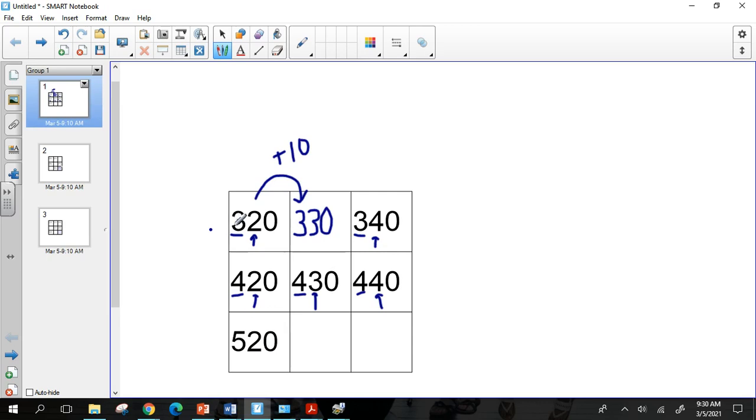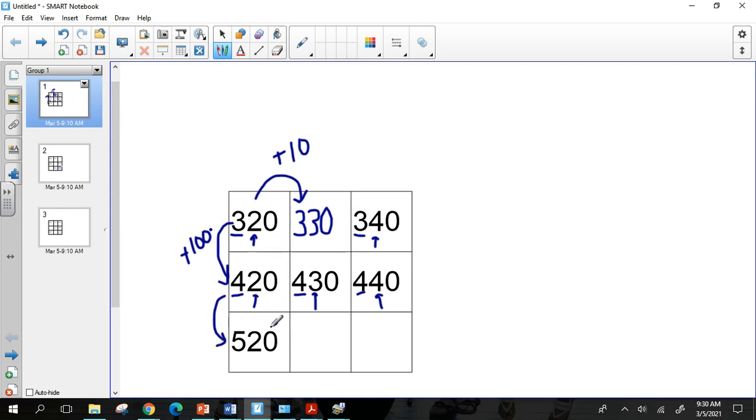Well, what happens when I move down? I went from 320 to 400. How much did I add? I didn't add ones. I didn't add tens. Oh, but I added a 100. So if I fill my chart in going down, 420, then it went to 520.